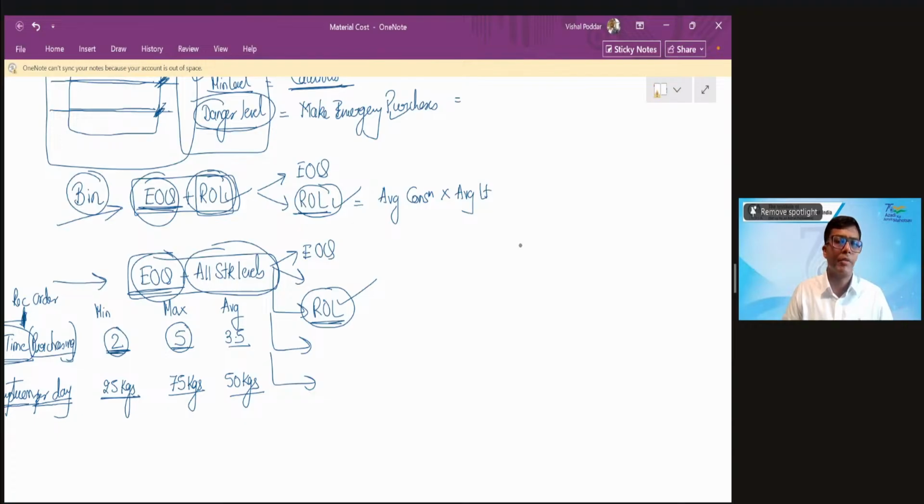It is average consumption into average lead time. Along with this, if the sum has given it, you will also have to add the quantity called safety stock. So this is the formula for reorder level where only ROL is asked. Correct? Let us take an example to understand.